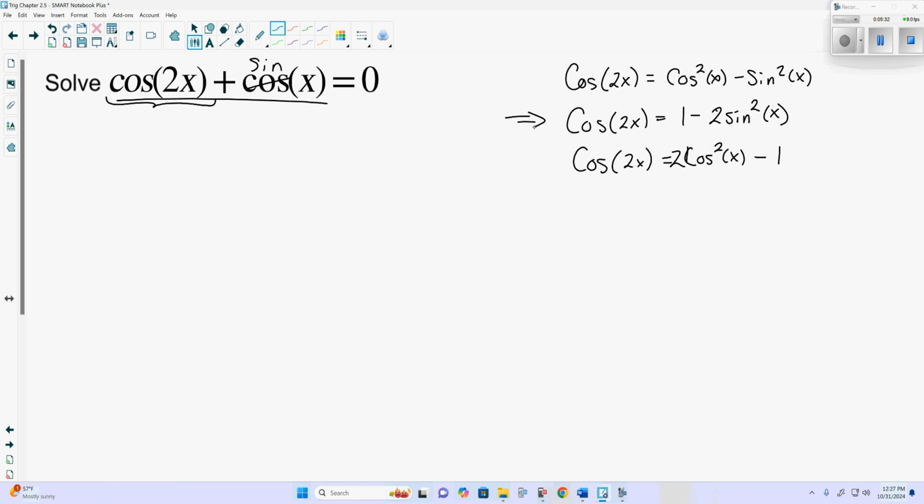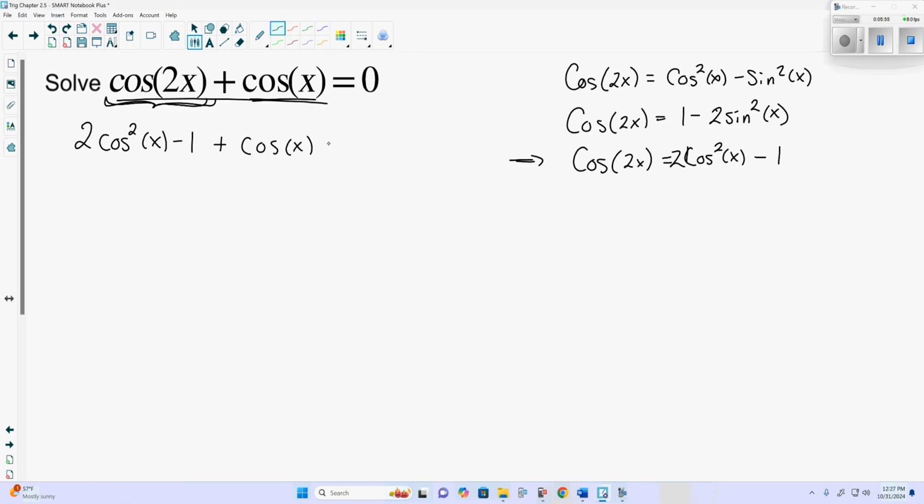Everything's in terms of sine of x. Or if we did have a sine of x and cosine of x, we might use the first one. But because our other term is cosine of x, we're going to want to use the bottom one, our 2 cosine squared of x minus 1, which is going to take the place of cosine of 2x.